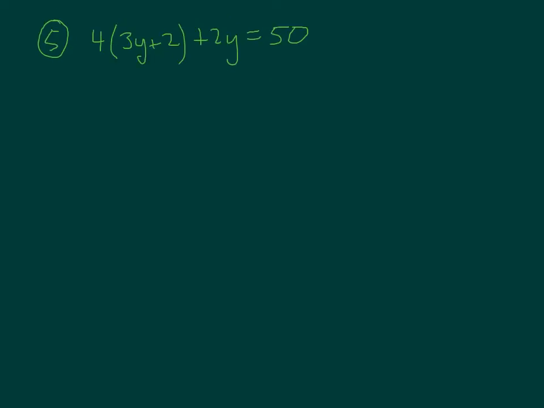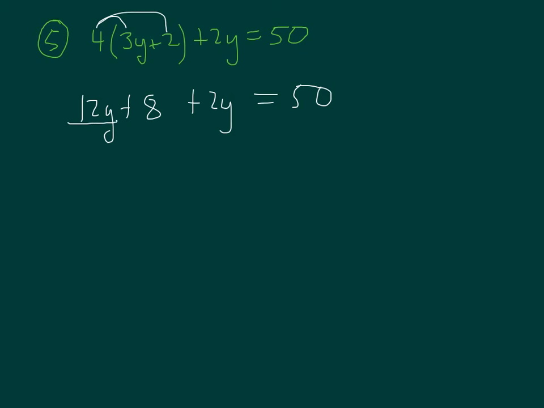Here we've just got a couple of extra terms as well. Not only are we doing the expansion, we've got an extra term as well, so we'll have to collect like terms before we get going. So we've got 4 times 3y is 12y, 4 times 2 is 8, plus 2y equals 50. All you do is just bring that extra term down and we'll deal with it now. Look for like terms.